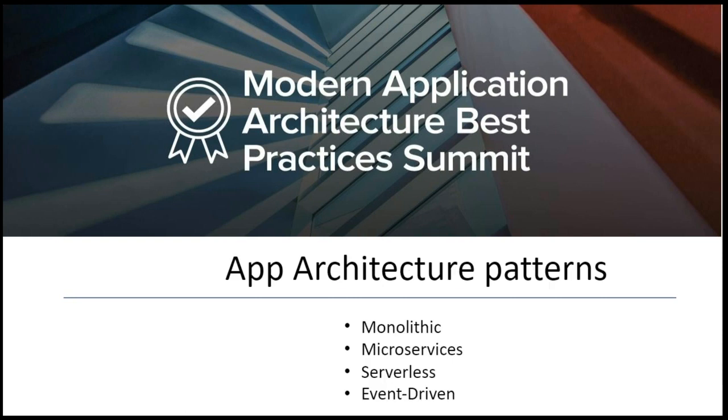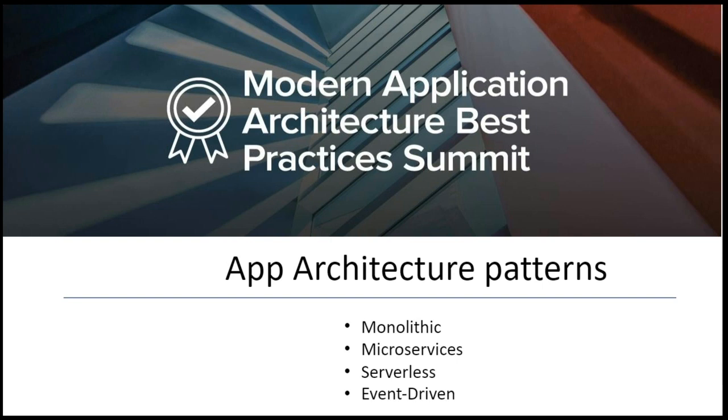So, application architecture. You have a bunch of choices when it comes to where to start. For example, monolithic, which has been around for decades and decades, is essentially where you have your software ready to go in a single package that does absolutely everything. You have microservices, which is essentially a separation of duties between services that make up your entire application.